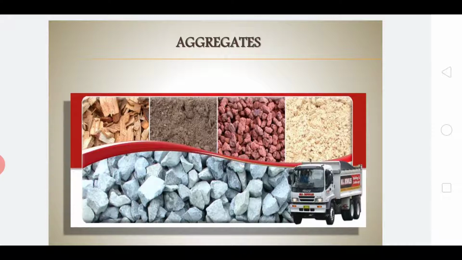And if you are taking sedimentary, fine mineral fragments or fine particles of minerals or rock particles are transported by means of water or wind and deposited to form sedimentary rocks. And the examples you can see are calcareous rocks like limestone, dolomite, and other silicaceous materials like sandstone.